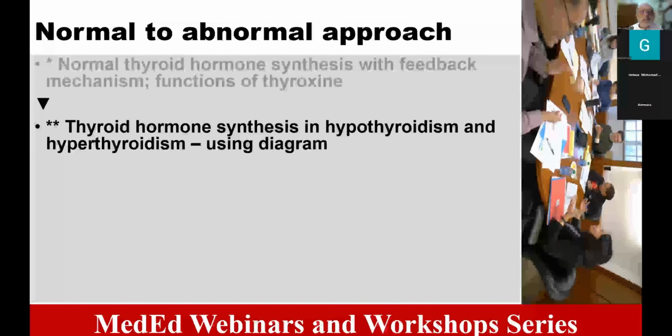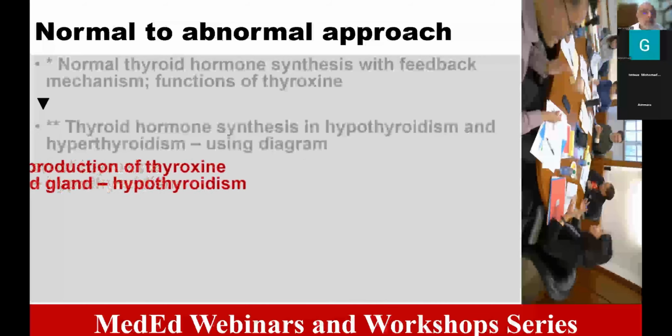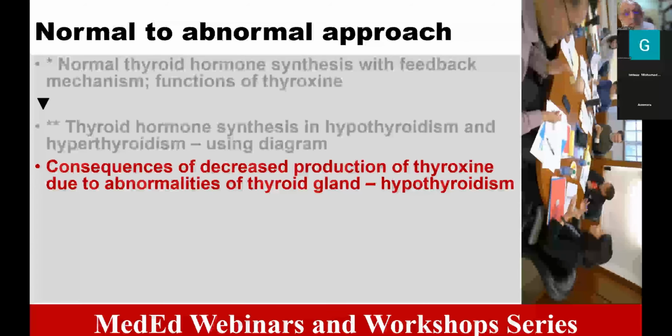Let's say a scenario telling about a patient with hypothyroidism or hyperthyroidism. We can use a diagram as well. And then we ask the students to find out the consequences of decreased production of thyroxine due to abnormalities of the thyroid gland.